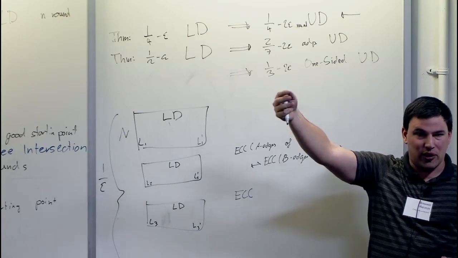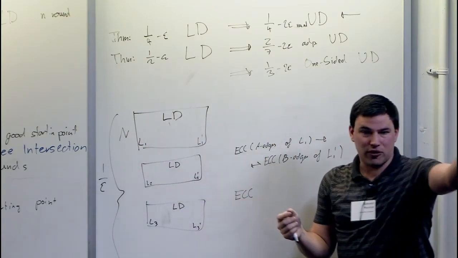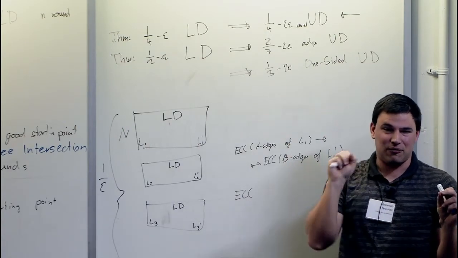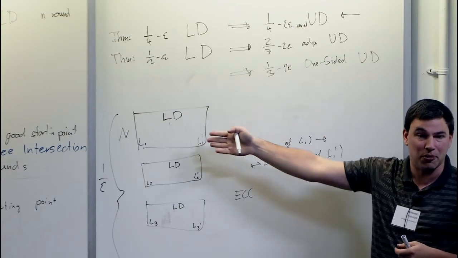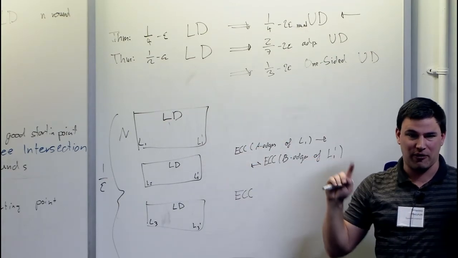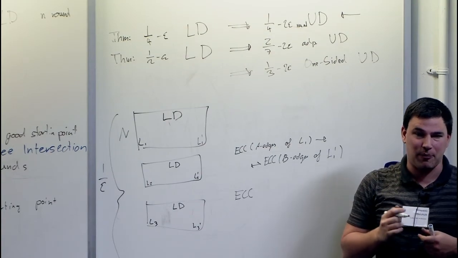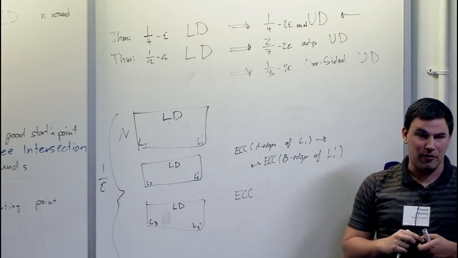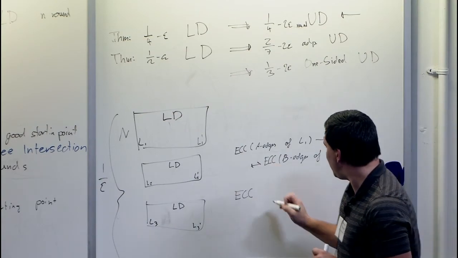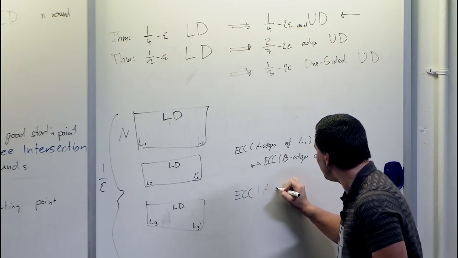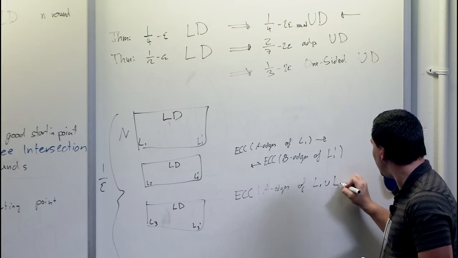We might put this into an error correcting code, which is order n symbols, and we send a symbol that corresponds to the list decoder, and we just send tuples, a cross product of the two symbols. So that's how we run them at the same time. It will blow up our alphabet, double the bit size of our alphabet, but for now we don't care. So here we send the A edges of L1 and L2.